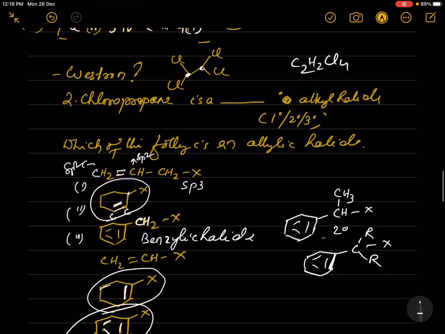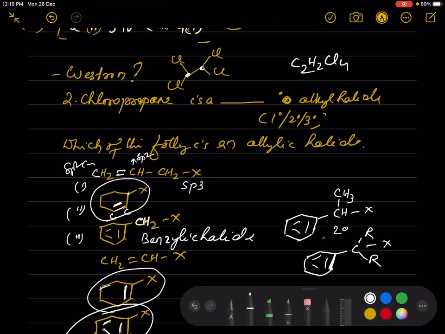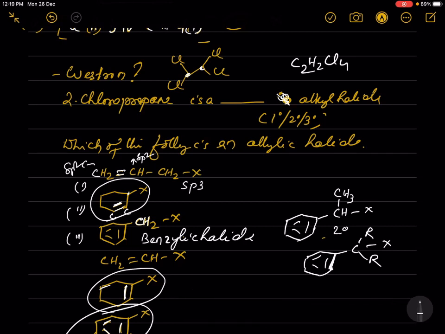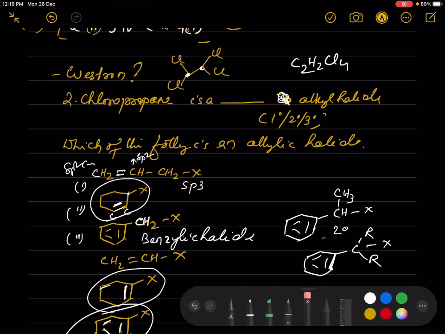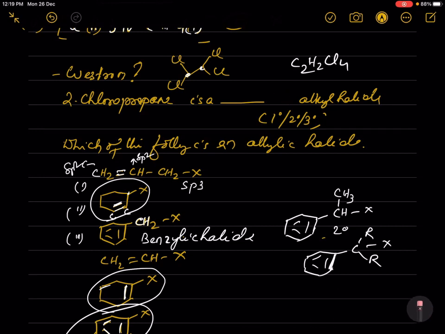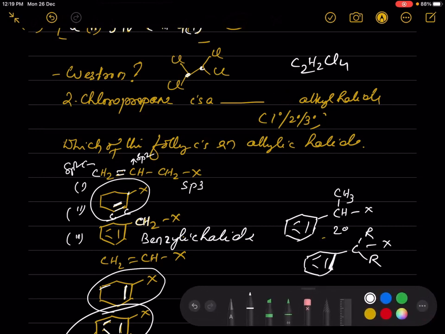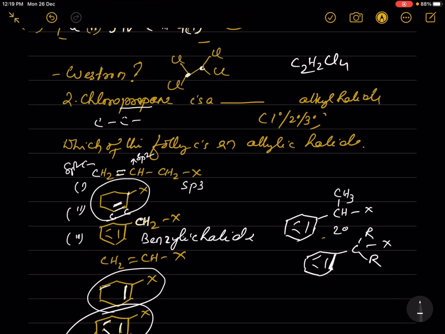Then a question is that 2-chloropropane is a primary, secondary, or tertiary alkyl halide. You have to find the answer. You see, 2-chloropropane means there are 3 carbon atoms, 1, 2, 3.